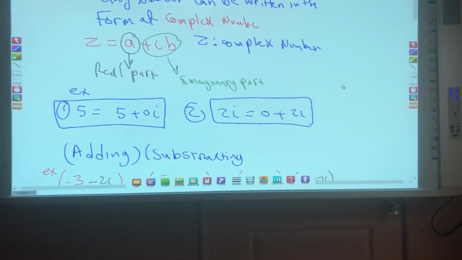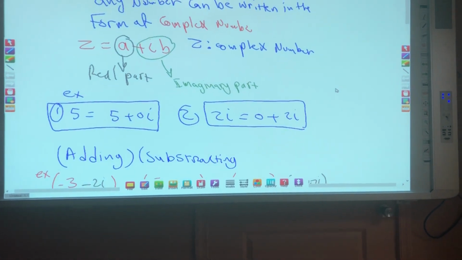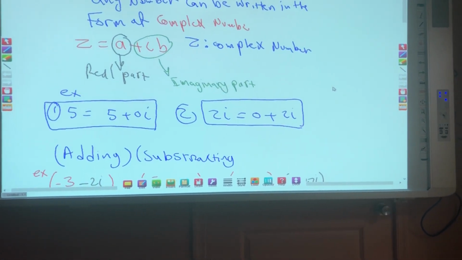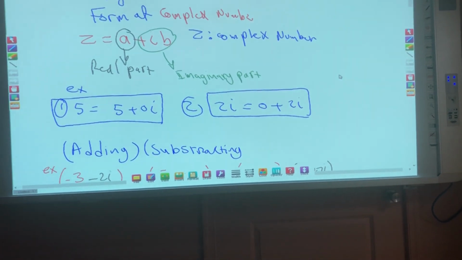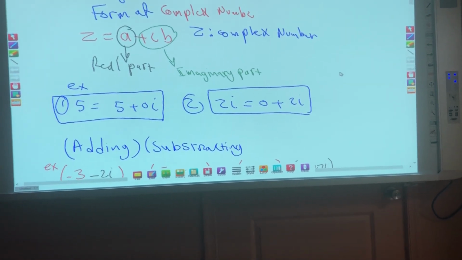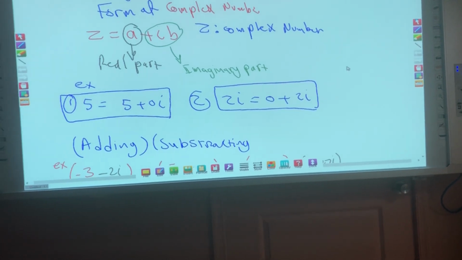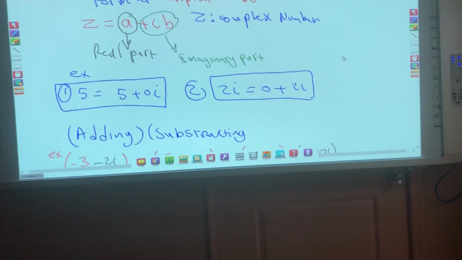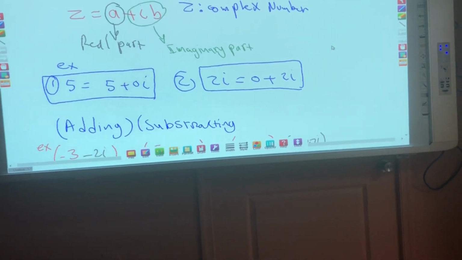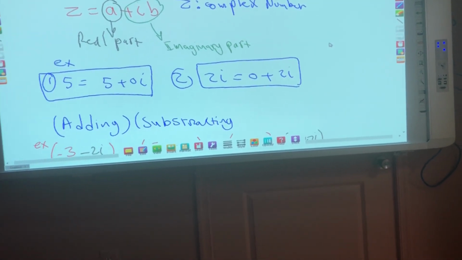Some examples. We can write 5. 5 is a real number, right? But we can write it as a complex number. You can write 5 as 5 + 0i. Or if you have 2i, you can write it in the form 0 + 2i.